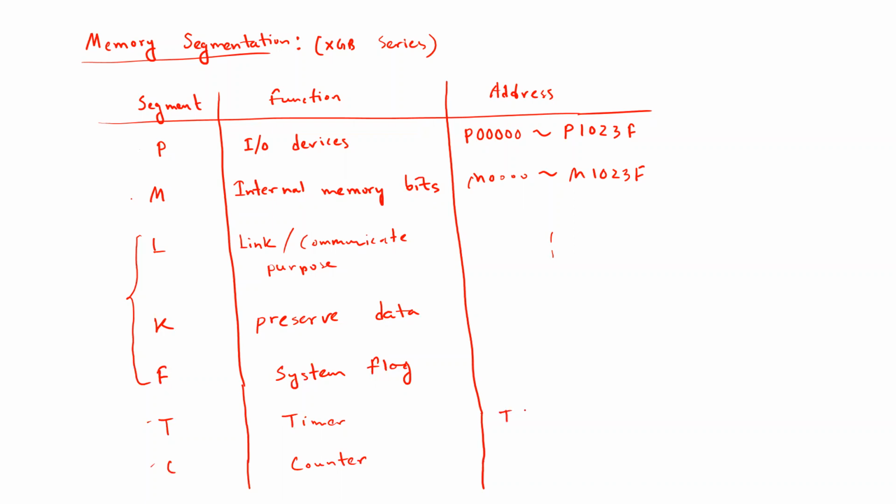The addressing for the timing segment is normally from T0000 up to T1023. Now the addressing for the timer and counter are done in a little bit different way. As you can see that for the physical ports and the internal memory bits, in the addressing there is an extra digit.